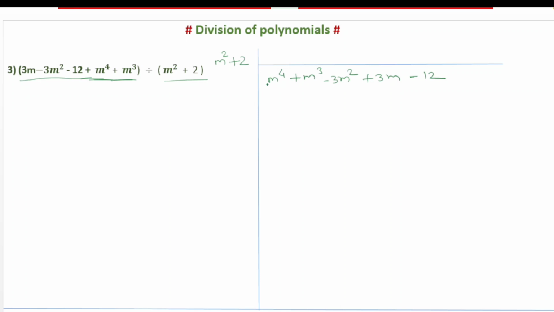Now we start the division. We want the value m⁴. How do we get m⁴?